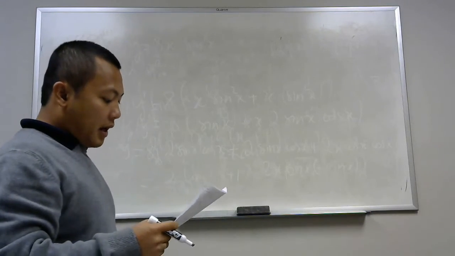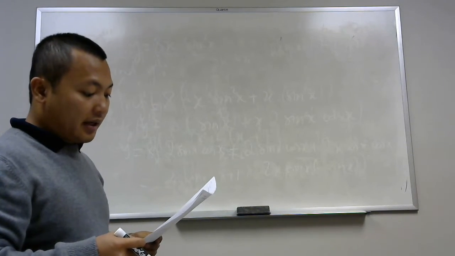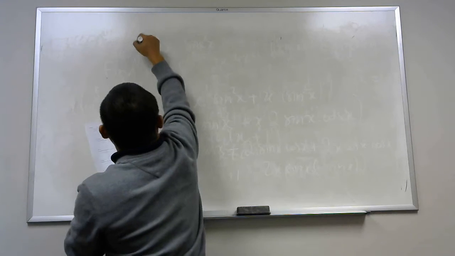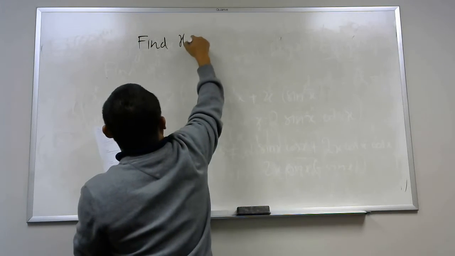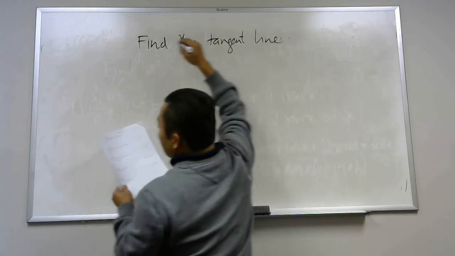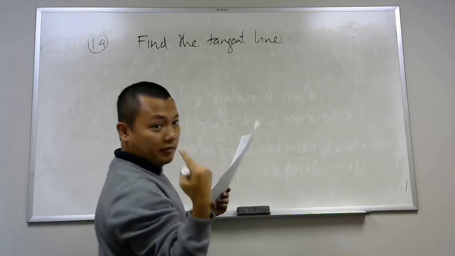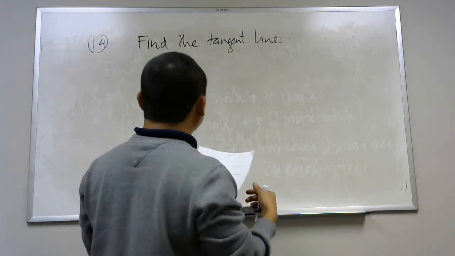Next, find an equation of the tangent line to the graph of a function at the given point. That is problem 14, right? I just go in the odd order.